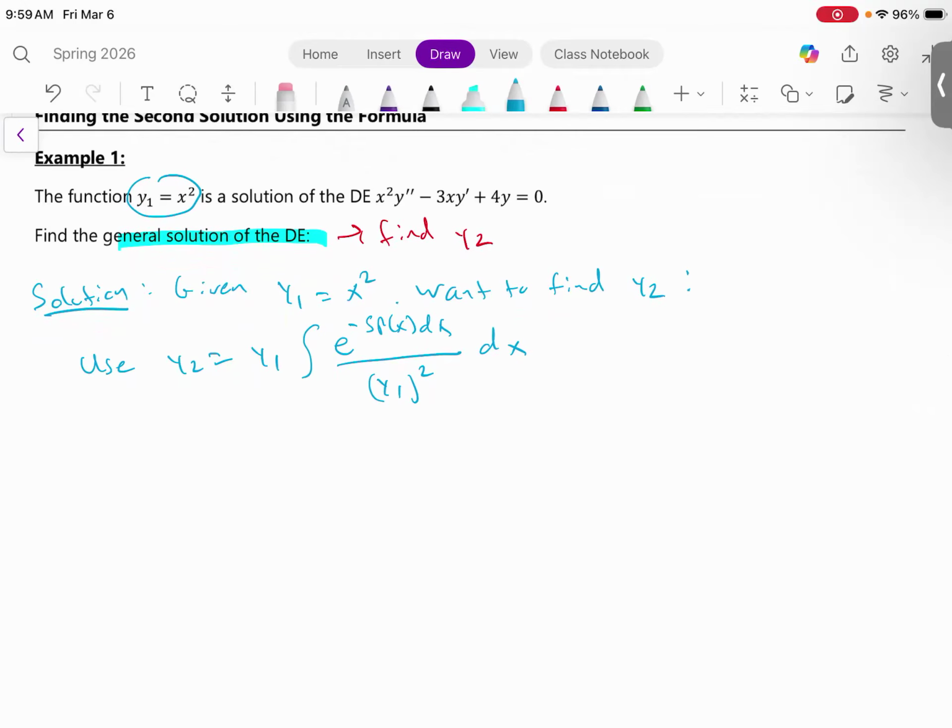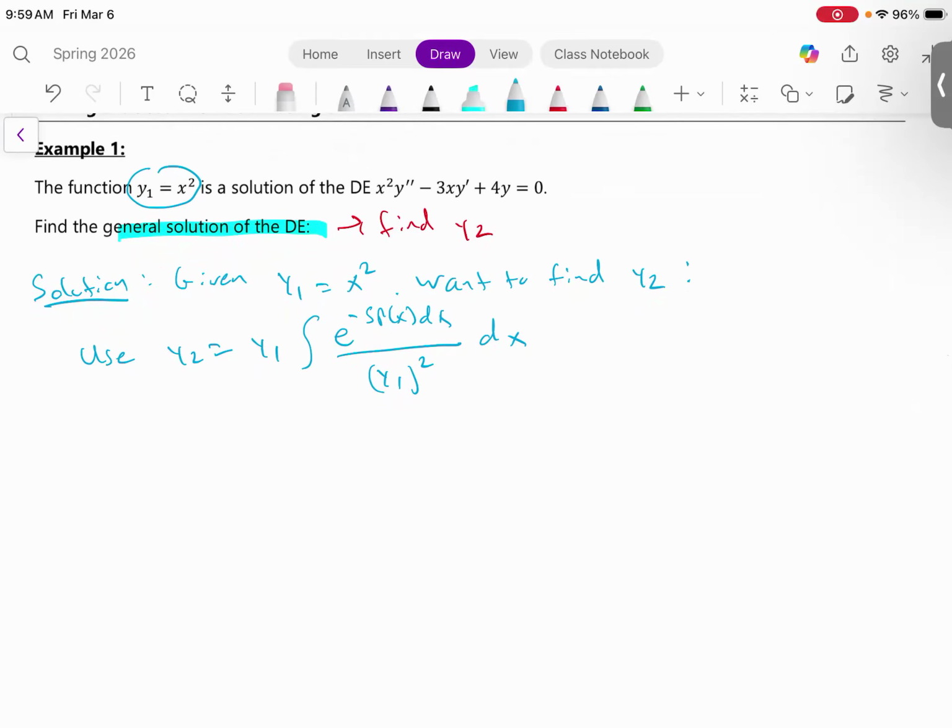If you could recall from linear or Bernoulli work, whenever we get started with an integrating factor, what we always need to do is put the differential equation into standard form to get p of x for our integrating factor.